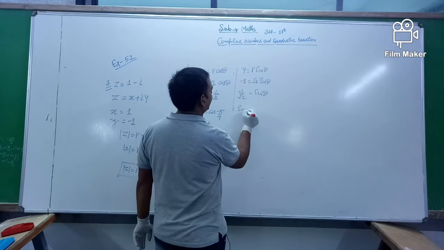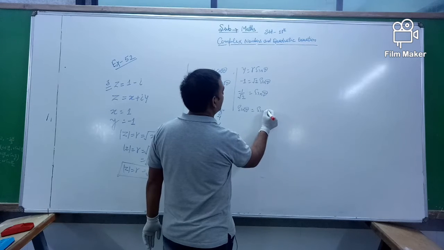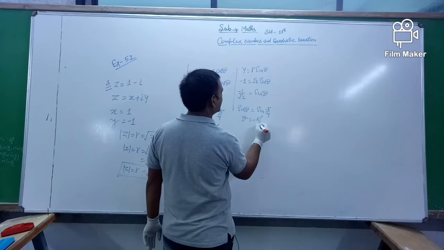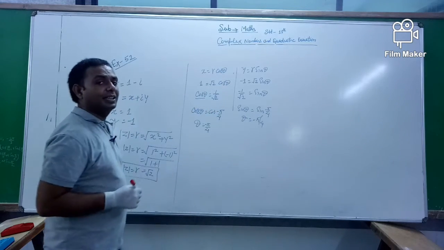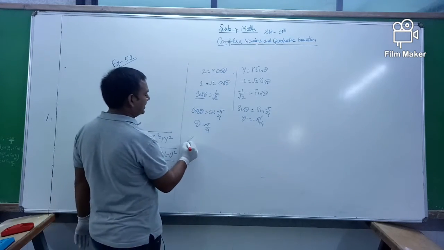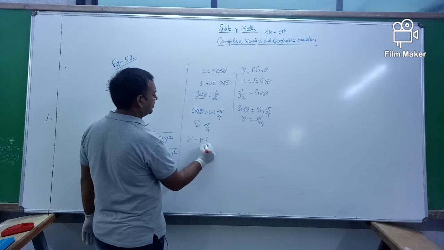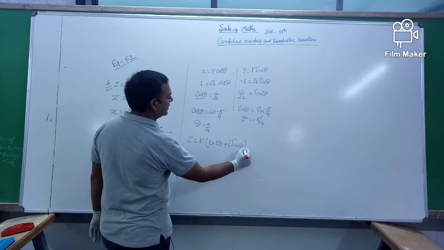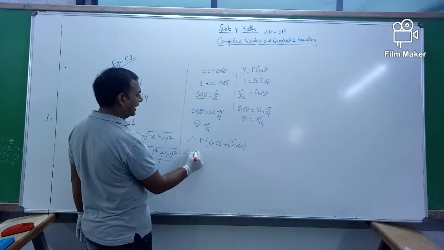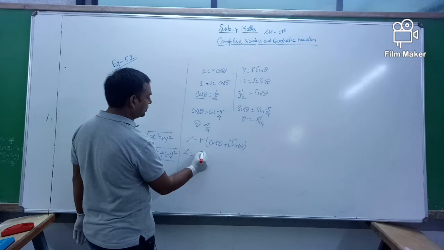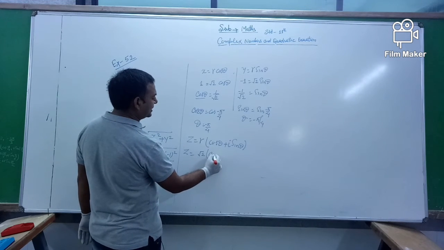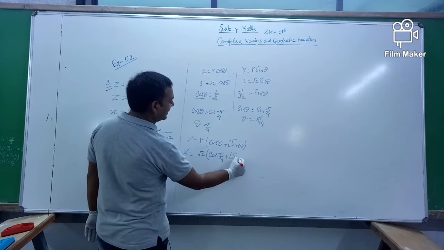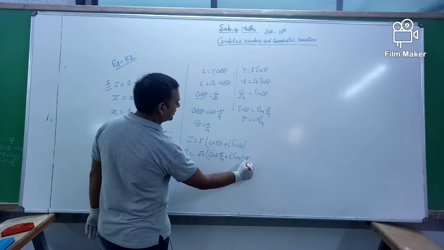Same condition, sin theta is equal to sin of minus pi by 4, so theta is equal to minus pi by 4. So the polar representation z is equal to r bracket cos theta plus i sin theta, that is z is equal to under root 2 into cos minus pi by 4 plus i sin minus pi by 4.